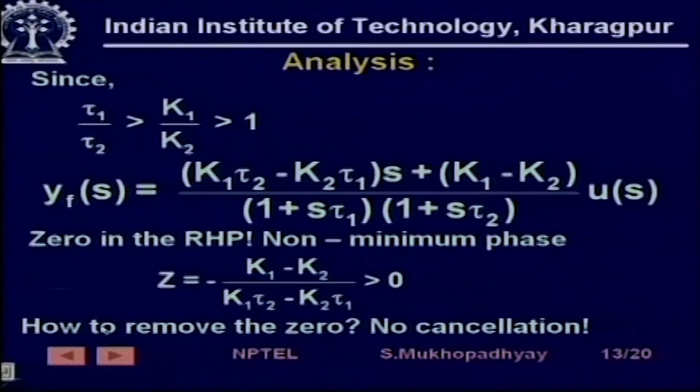Now, the question is that it is this opposing effect which is causing this inverse response and which is also causing the 0. So, how can we remove this non-minimum phase behavior? Why we should remove it, we will also see, but at this point we can at least understand that the controller is going to get confused, because the controller has been designed for the final response, which should move in a certain way.